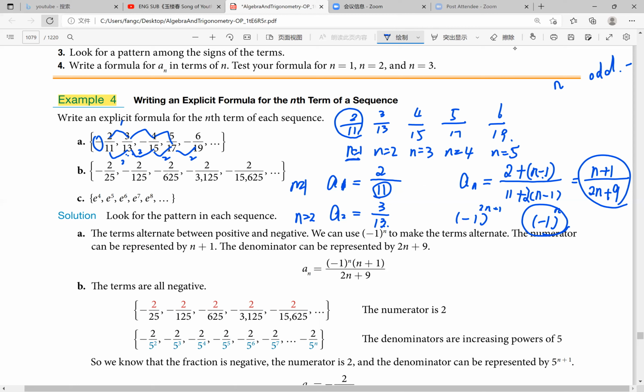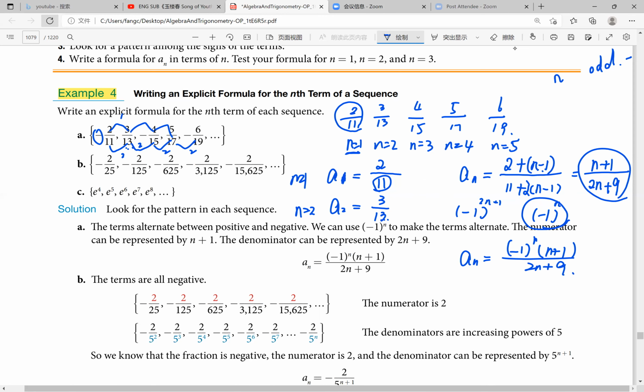So when n is even, it is positive. When n is odd, it's negative. So now we find a way to do it. So an should be equal to -1 to the power of n times (n plus 1) divided by (2n plus 9). It's not easy, but we can do it.